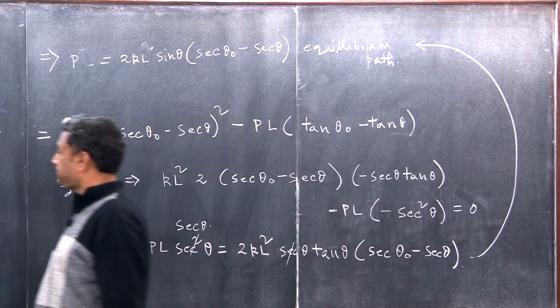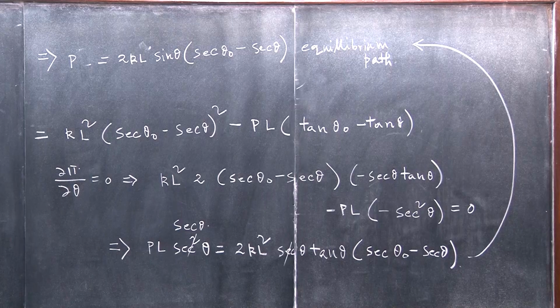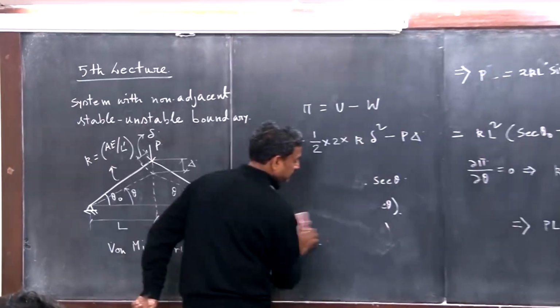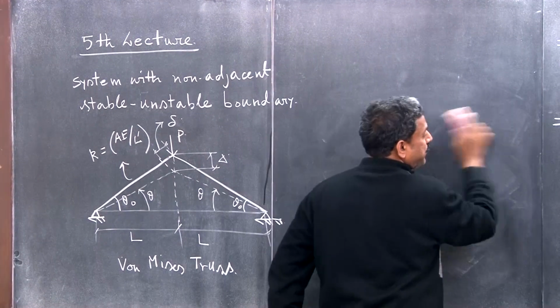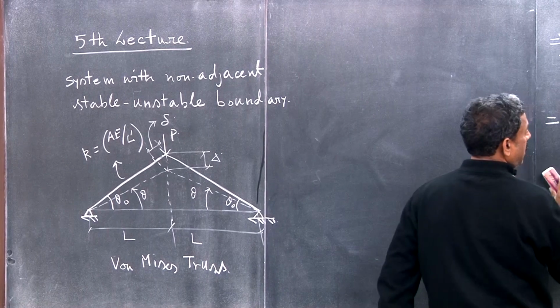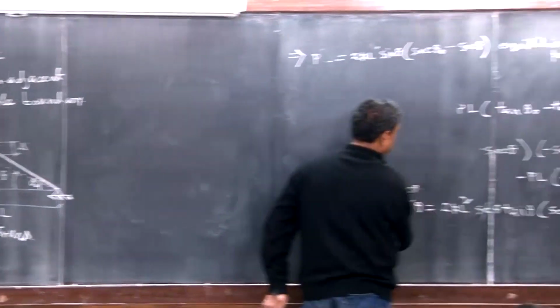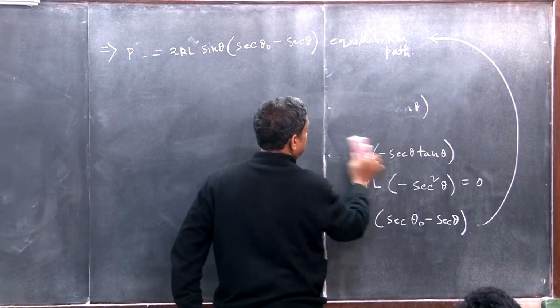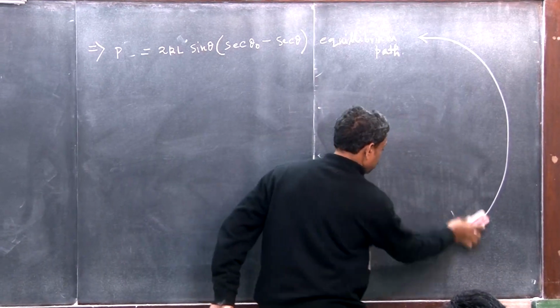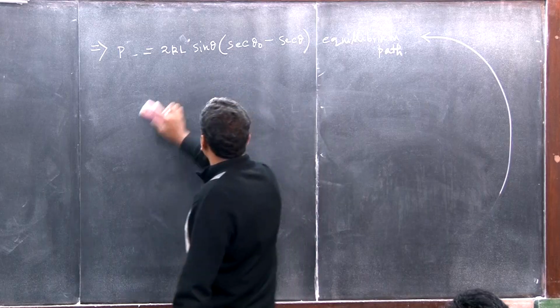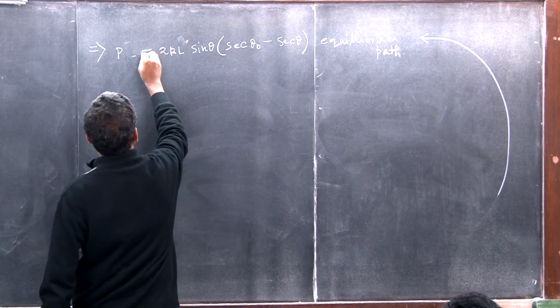Now I am removing this part, and I will come back to it further. Here it will look something like this, P is 2 k L sin theta and so on.